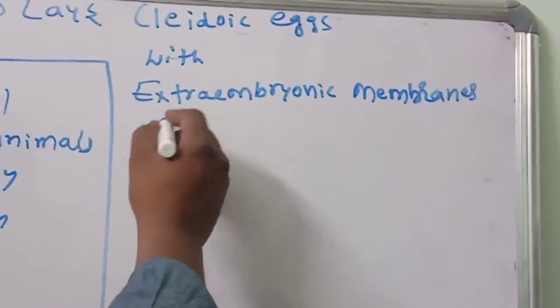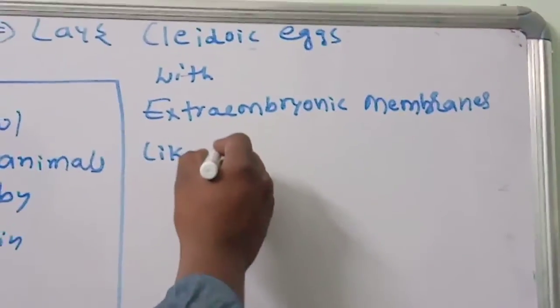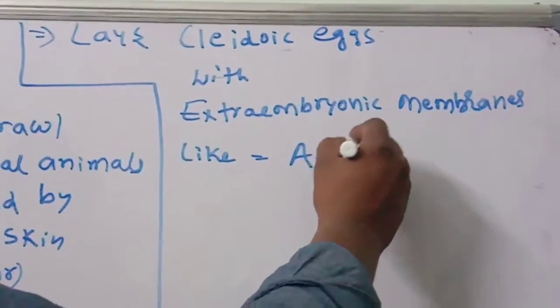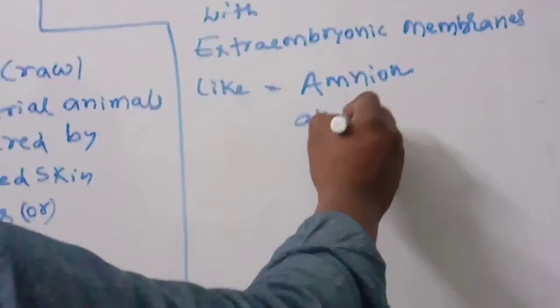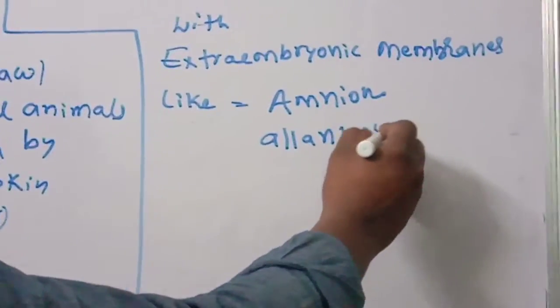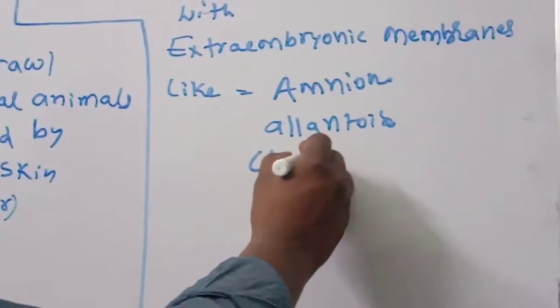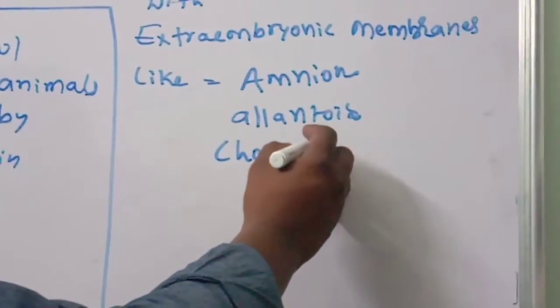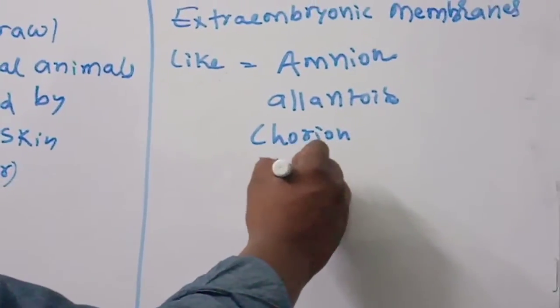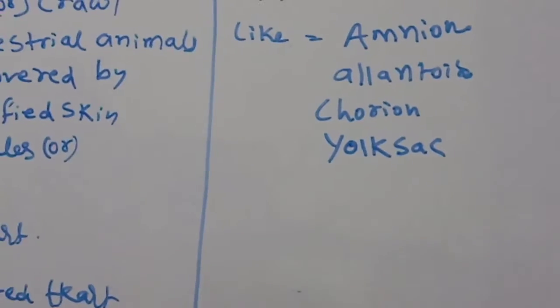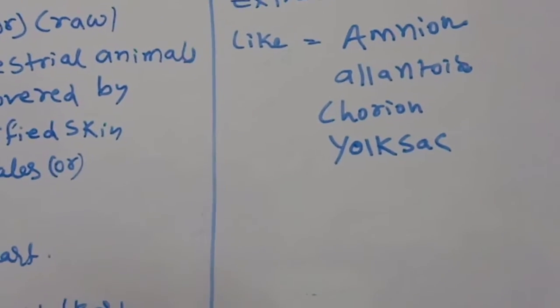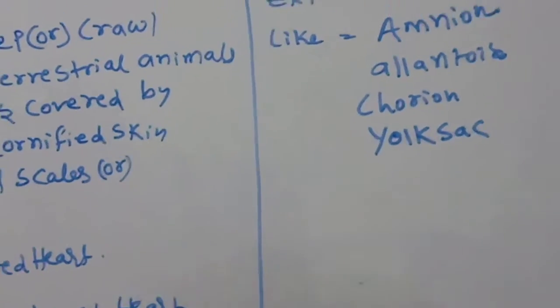What are the extra-embryonic membranes? Number one, amnion, allantois, chorion and yolk sac are there in the reptilia. Excretion is by metanephric kidneys.